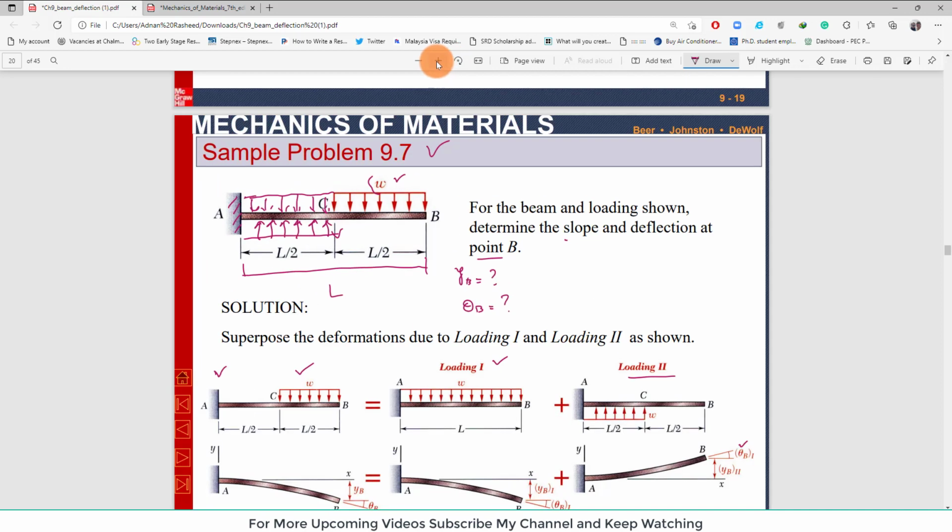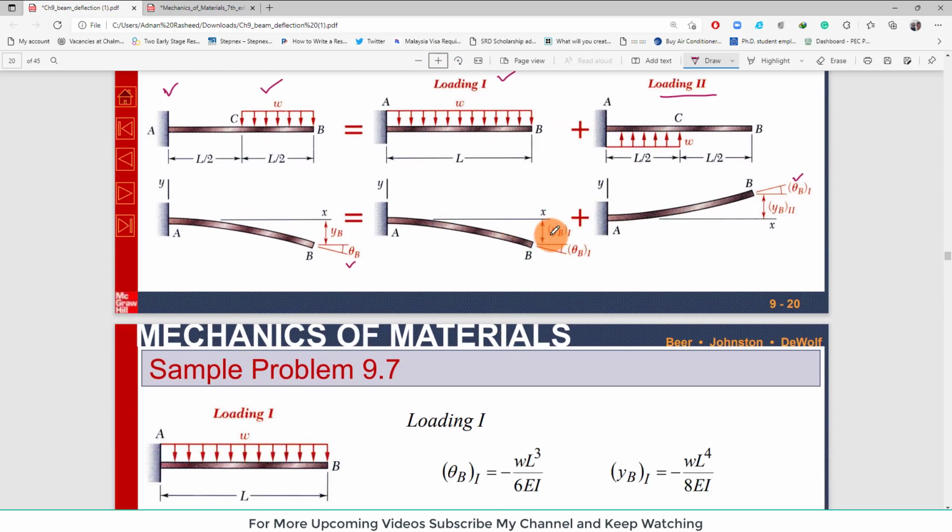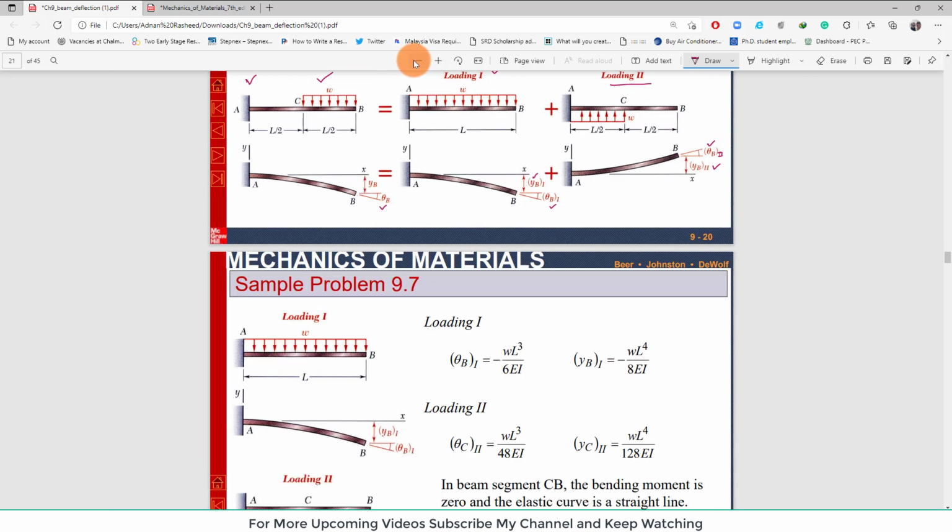Clear? Let me zoom it so that you can easily see. So this is YB for loading 1 and theta B for loading 1. Similarly, this is YB for loading 2 and theta B for loading 2. Clear? Okay, so let's move further in order to solve this.